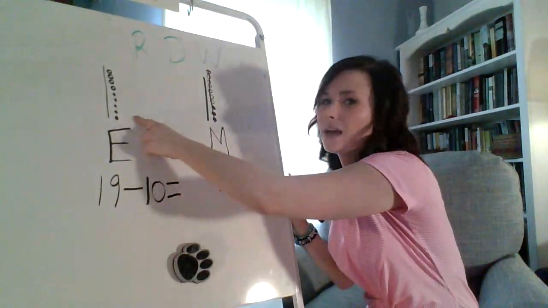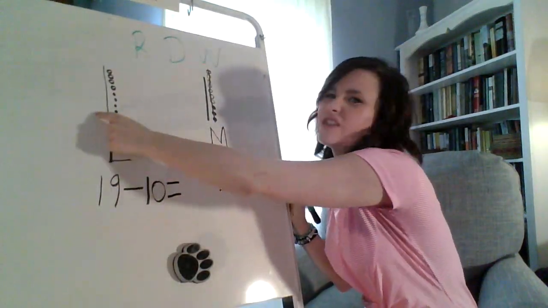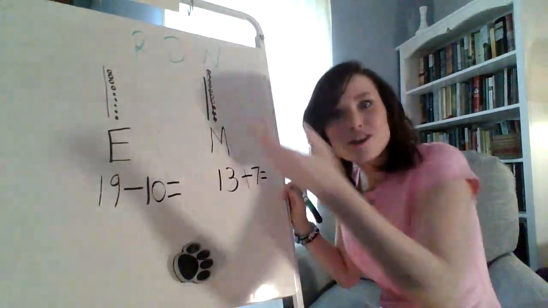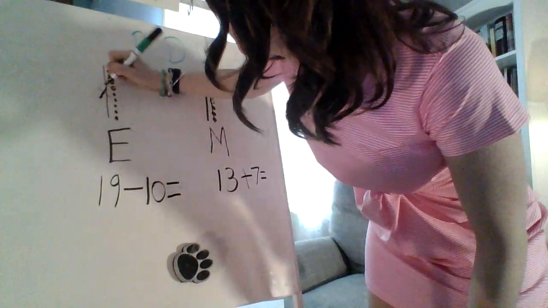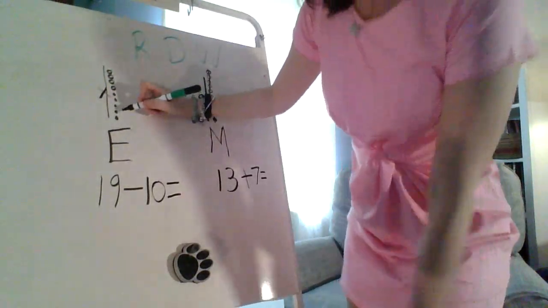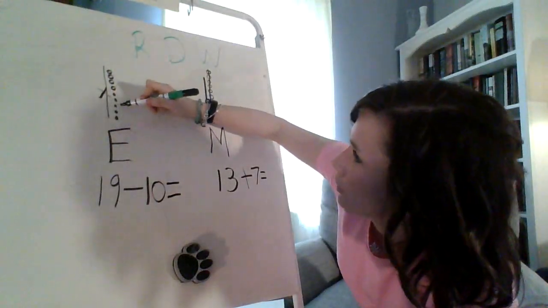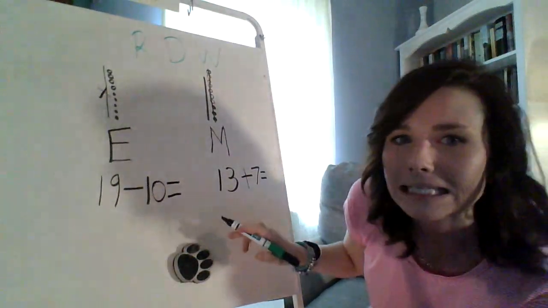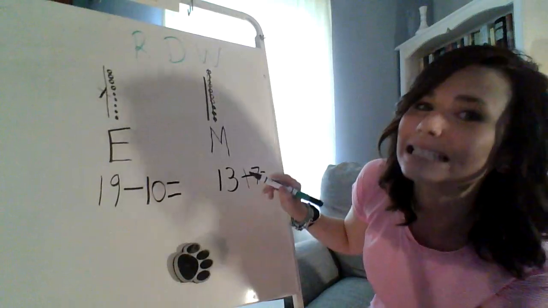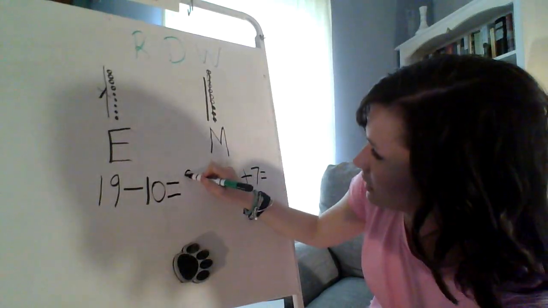So should I take away the 9 ones or the 10? You're right, the 10. So you can just cross off the 10. There we go. So how many are we left with? We can count. 1, 2, 3, 4, 5, 6, 7, 8, 9. So 19, take away 10, we know is 9. Nice job.